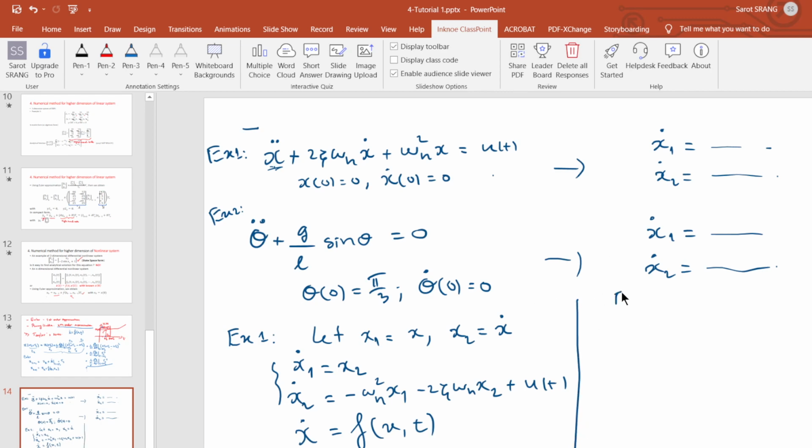How about example 2? Yeah, again, let h1 equal to theta and h2 equal to theta dot. So you can have h1 dot equal to h2 and then h2 dot equal to theta double dot, and you move everything to the right hand side. You can have minus g over l sine h1.